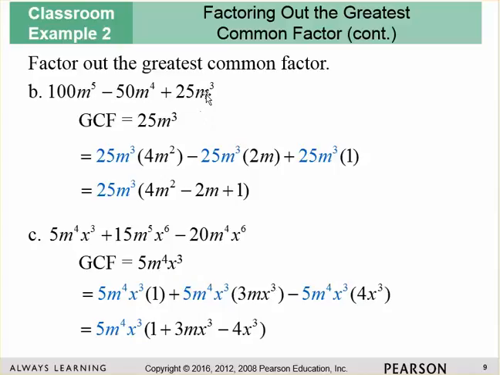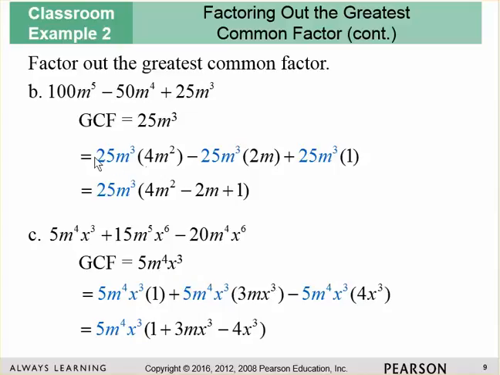And then we have an m cubed, an m to the 4th, and an m to the 5th. So the largest variable term is going to be an m cubed. When we pull that out and see what's left for each term, we're going to have here 25m cubed times 4m squared.